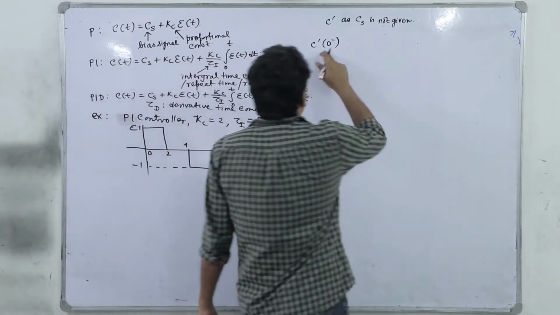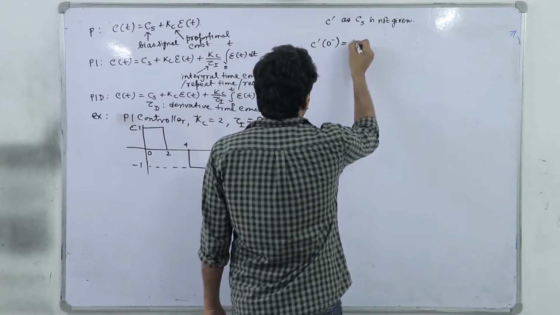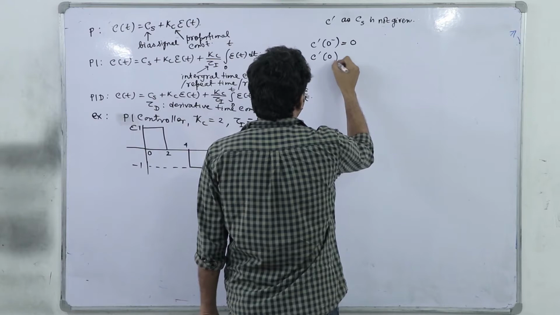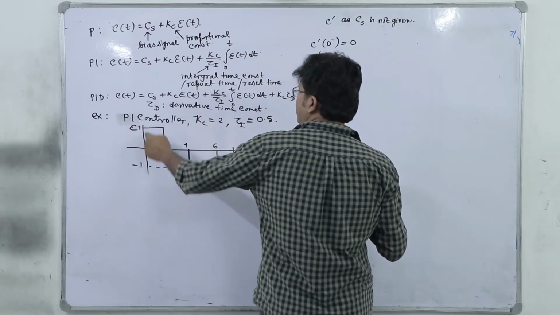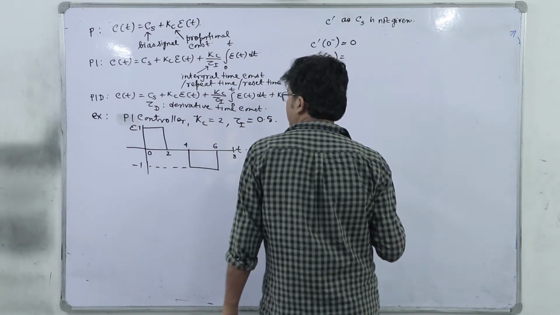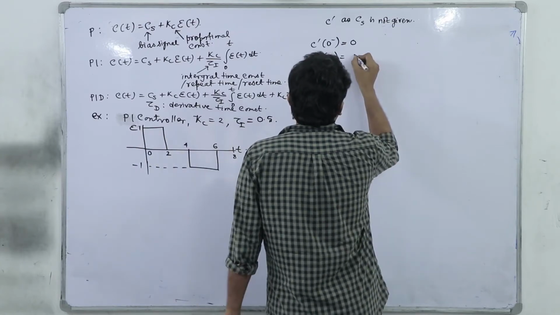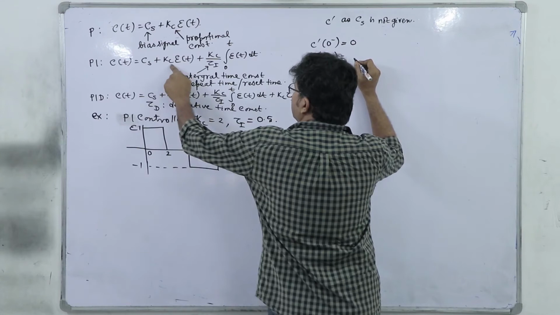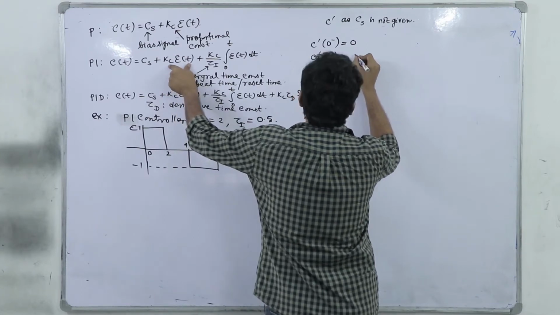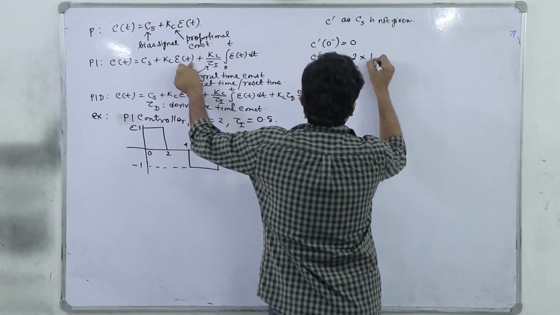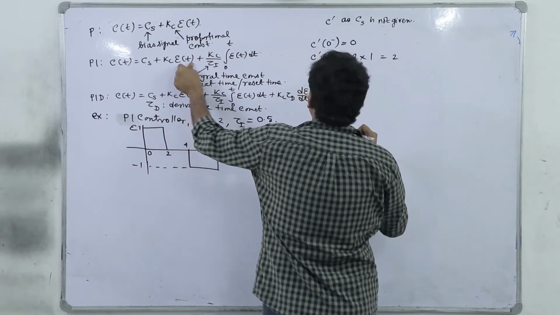So, C prime at 0 minus must be equal to 0. Now, C prime at 0: epsilon is equal to 1, so this part will be contributing. So, it is 2 multiplied by the epsilon value, that is 1. So, it is 2.